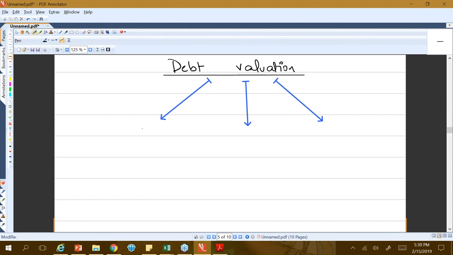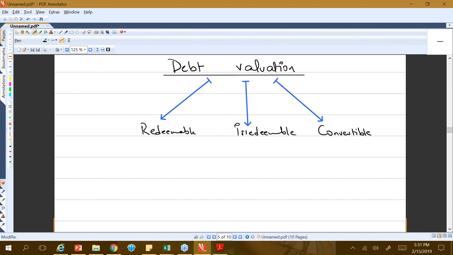The three types of traded debt are redeemable, irredeemable, and convertible.